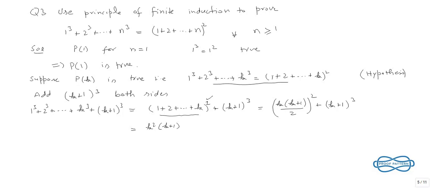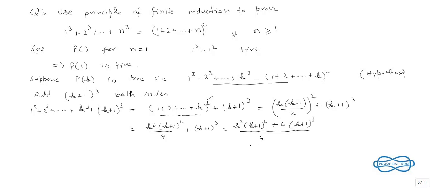k plus 1 square over 4 plus k plus 1 cube, and if we take the LCM, it will be 4 on the denominator, and that is k square into k plus 1 square plus 4 times k plus 1 cube.